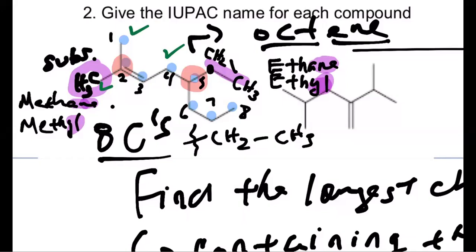So you won't be able to prioritize it, right? Because remember, trans and cis is for disubstituted, and then E and Z is for tri-substituted and tetra. But you can't assign priority because both of your groups are carbon. So we have to leave it how it is. Does that make sense?